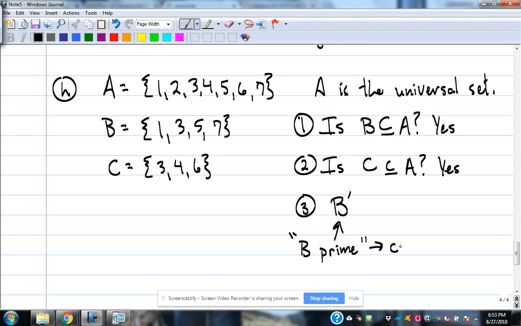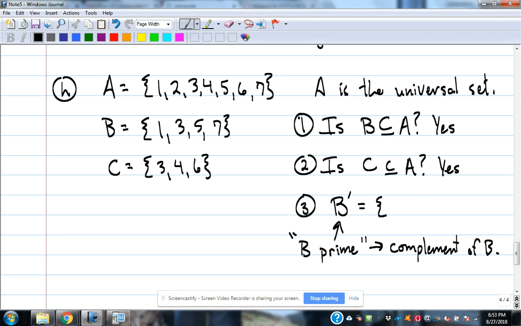What that means is the complement of B. So the complement of B are what elements from the universal set? And remember, a complement means the pieces from the larger set that are not in the given set.